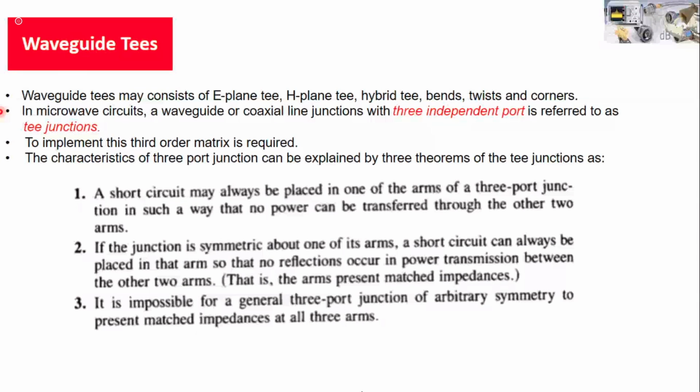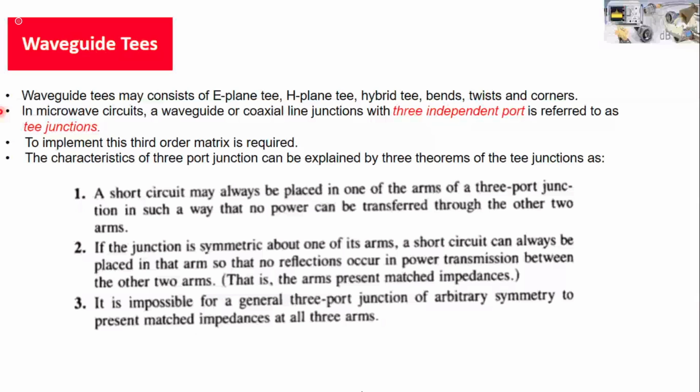Now, let's see the three important theorems given by scientists to consider the characterization of waveguide T's. These are very fundamental theorems which you have to remember. However, nobody will ask you, but these are the fundamental theorems which you have to remember.